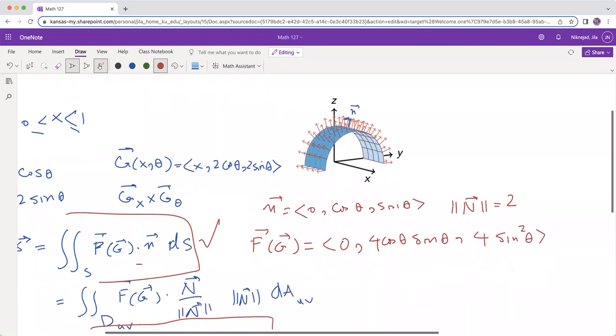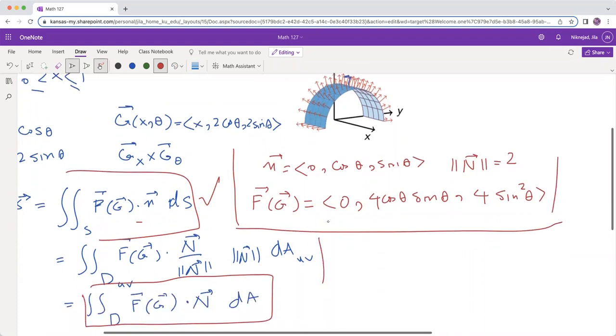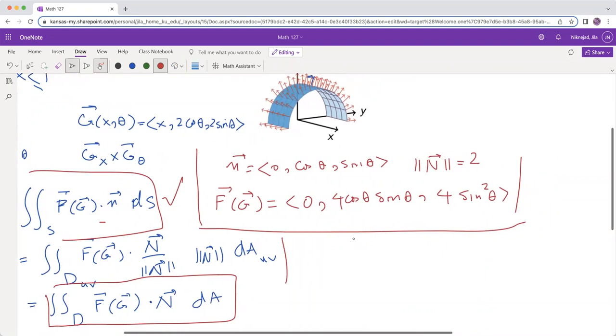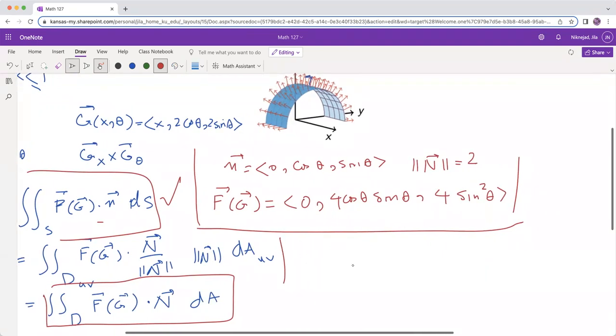Now I dot these two together, and what do I get? I get 0 plus 4 cosine squared theta sine theta, plus 4 sine cubed theta.